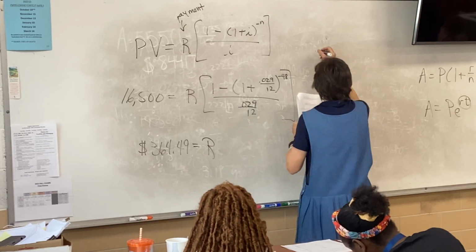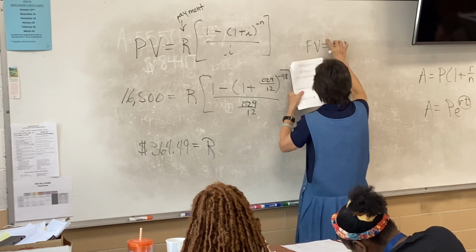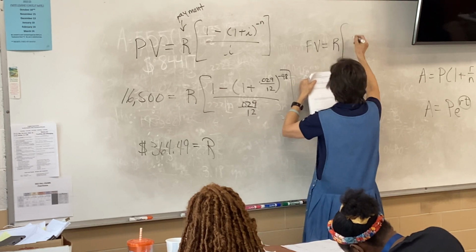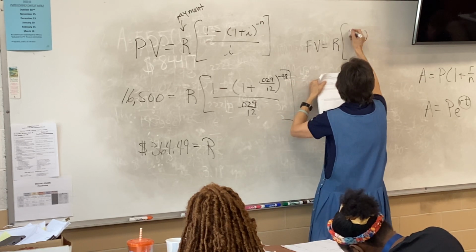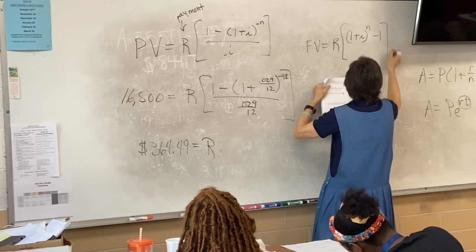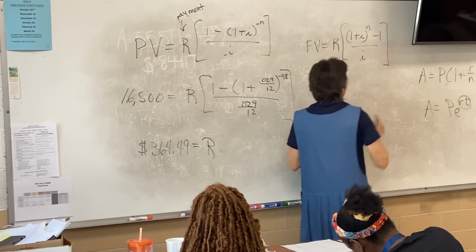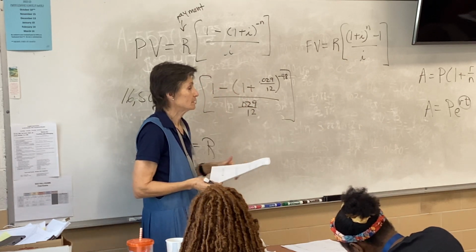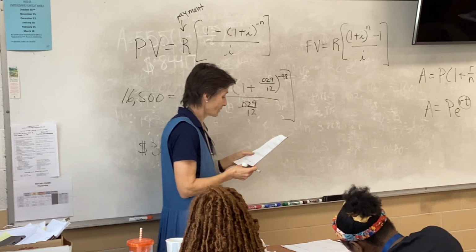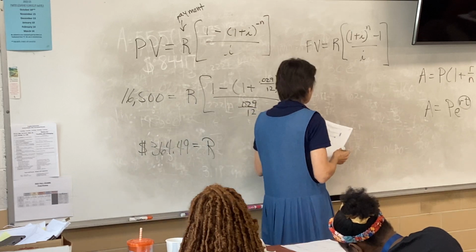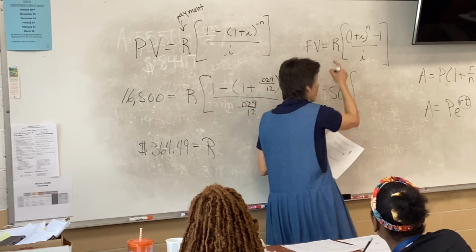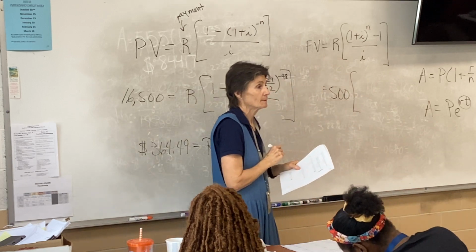FV, she's saving for the future. So FV is, I do not have these formulas memorized. Everything stands for the same thing it did before. Nothing's any different. So Emily makes a $500 payment. So remember, R is the payment amount.